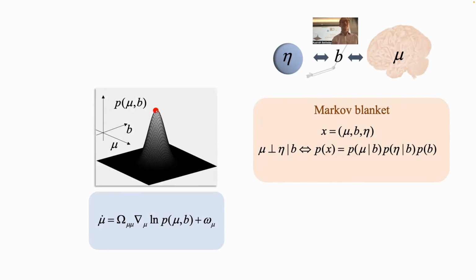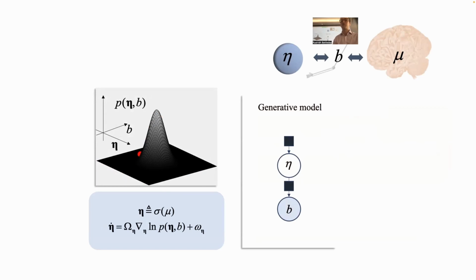We can also make a change of variables. Here we're defining this bold eta as being some function of our internal states. And we can treat that as if it's a belief about what's going on outside in the world. All we've done here is just a change of variables, and it's really nothing more than that. But the interpretation we can now put on that is as a generative model of the world.